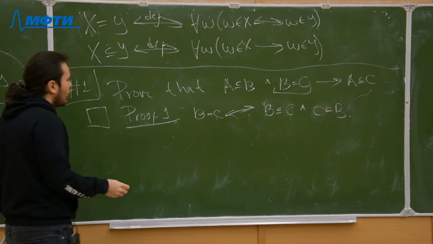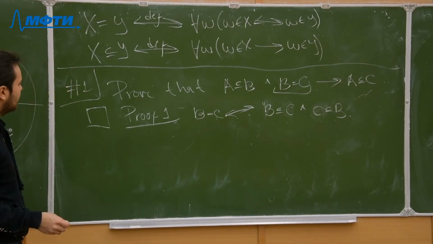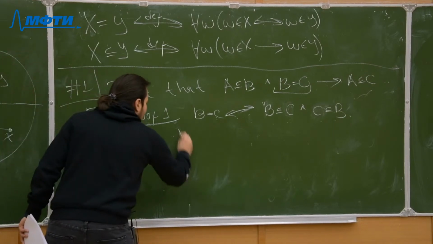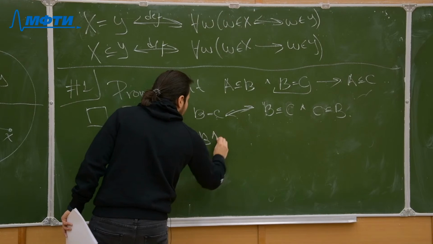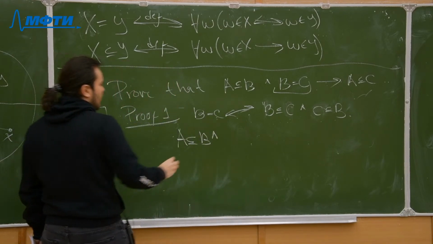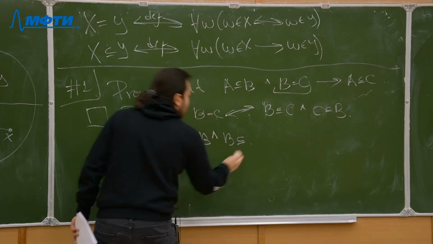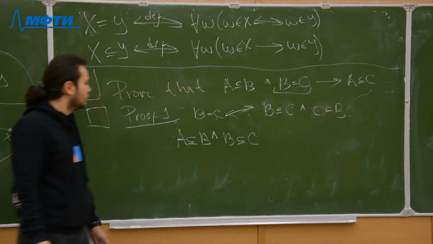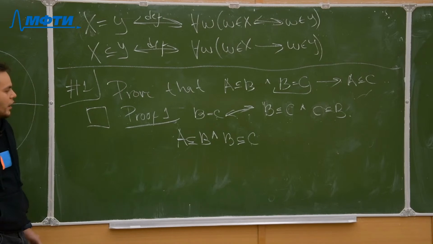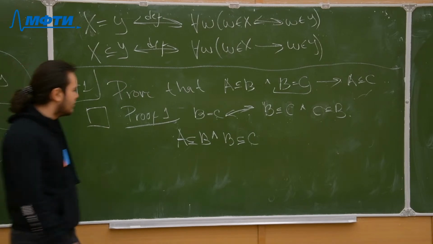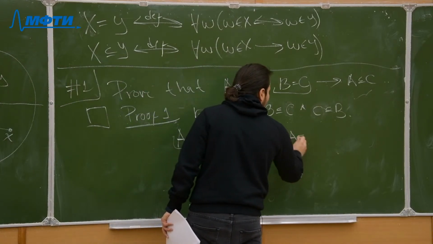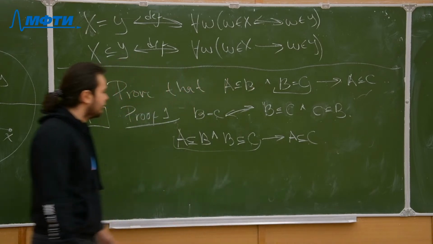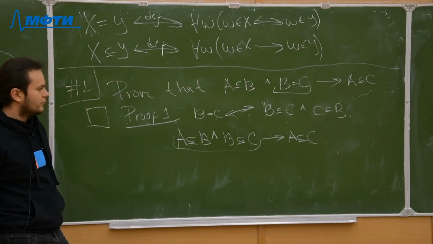Then we can write that A is a subset of B and B is a subset of C. And in your lecture, you proved that from this it follows that A is a subset of C. And that's it. This is the proof.